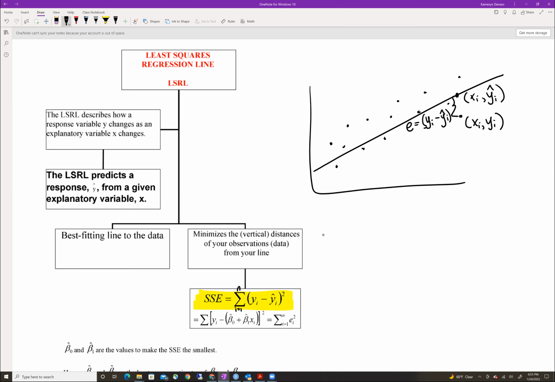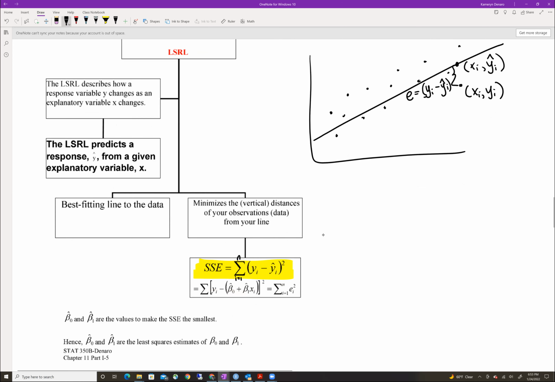If you're familiar with calculus, this is a minimization problem, and you can take derivatives, set them equal to 0, and solve for your parameters. Overall, the thing to take away is that beta 0 hat and beta 1 hat are the values that make this SSE the smallest possible. We call these the least squares estimates of beta 0 and beta 1.